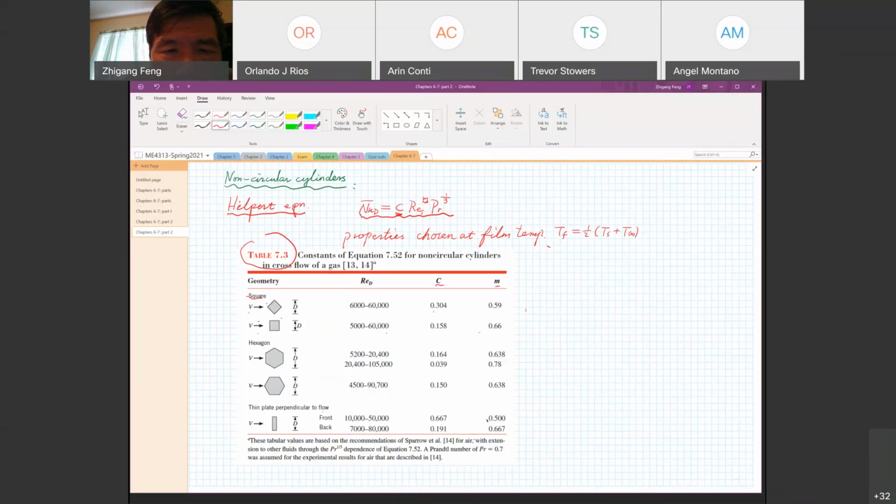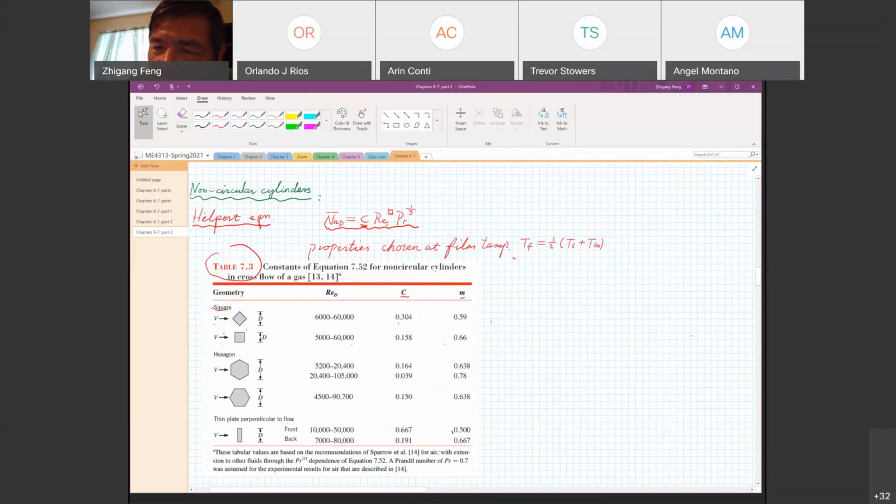The other point I want to make is how you choose a characteristic length for flow over an object. So let's say this is some object. It doesn't need to be spherical. It can be any object. Let me draw something. Let's say that's a typical object, and we have a flow over this object. How do you select the characteristic length when you compute the Reynolds number?